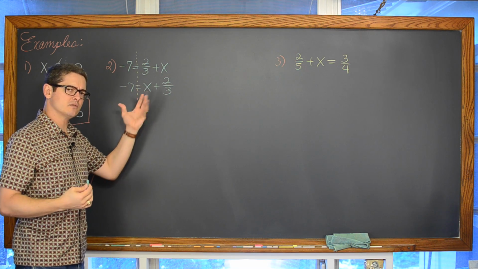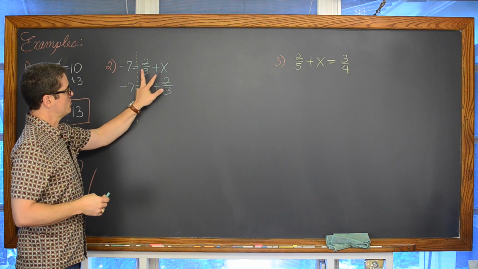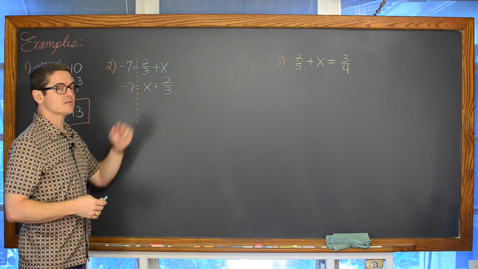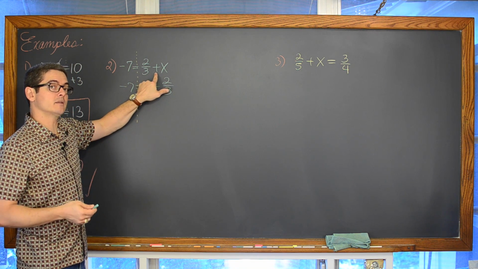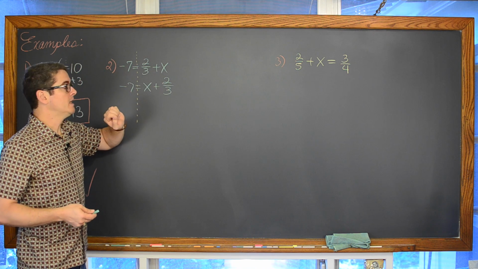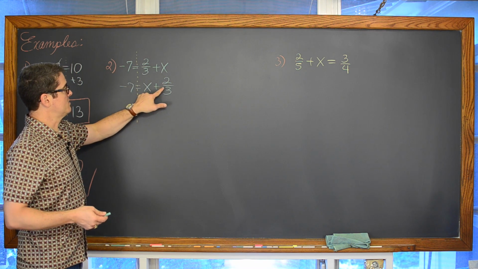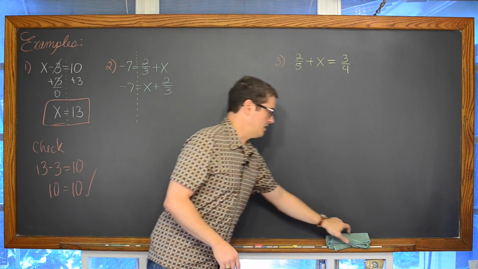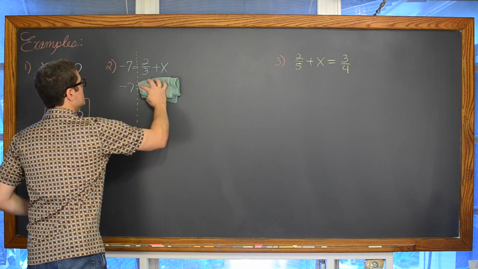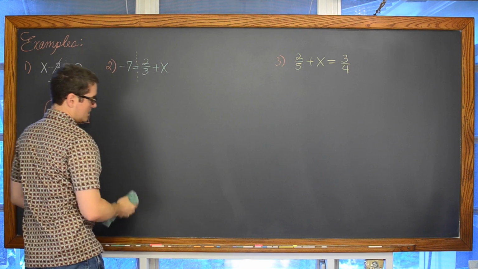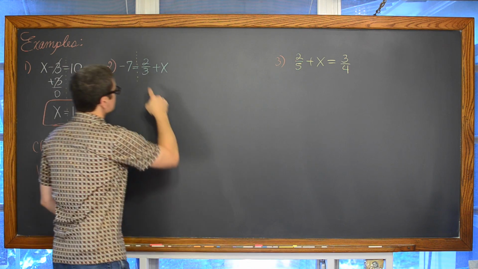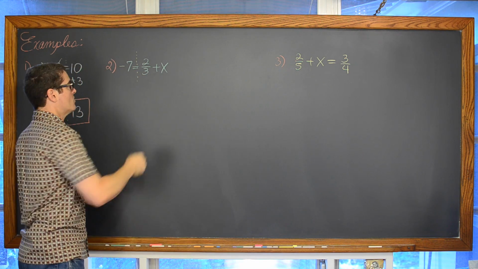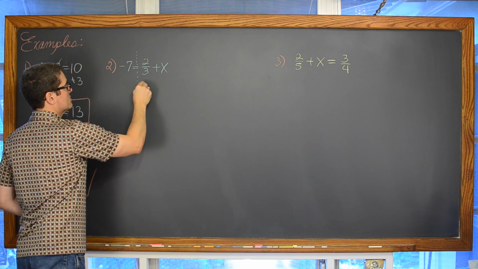On the right-hand side of this equation, terms are separated by addition and subtraction, so there's 2 here. All I'm doing is trying to illustrate to you that that is a positive 2/3 or a plus 2/3. So to undo that addition, or that positive 2/3 on the right-hand side of this equation, we're going to do the inverse math operation, which is subtract.